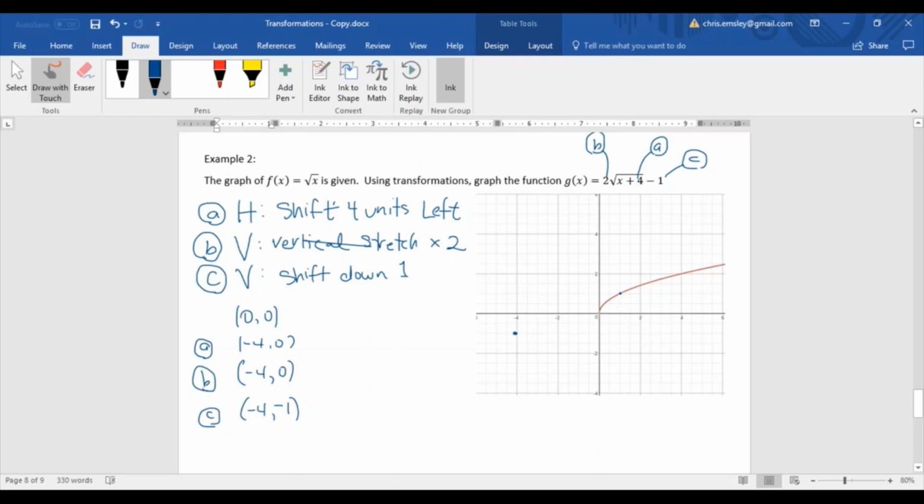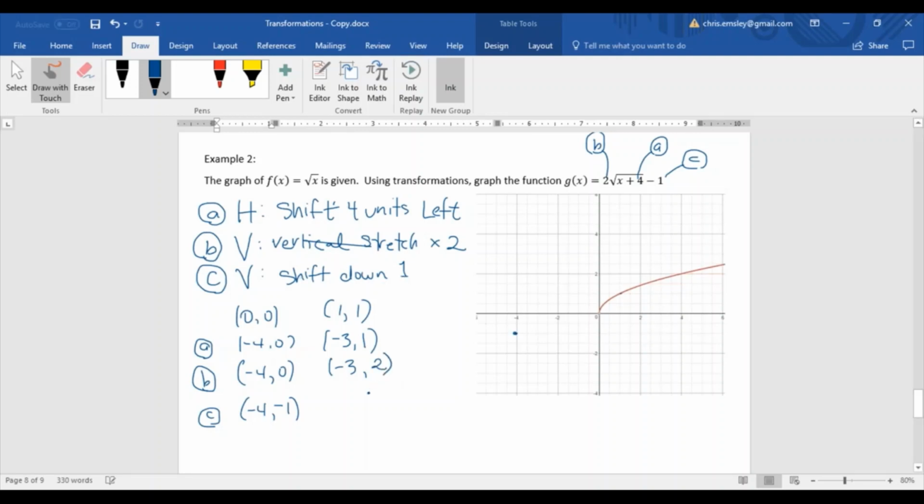Our original function has a point right here at 1, 1. So let's see what happens to that one. Shift it 4 units to the left, and it becomes -3, 1. A vertical stretch times 2 means we're going to take that y value and multiply it by 2.